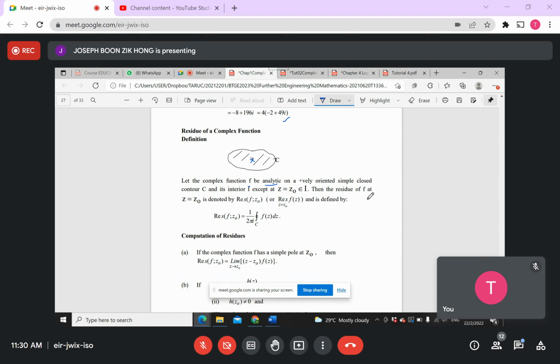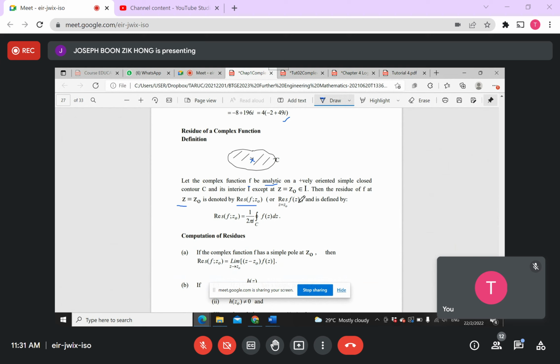Then the residue of f at this point is denoted by res f z naught, or residue of f at z equal to z naught.